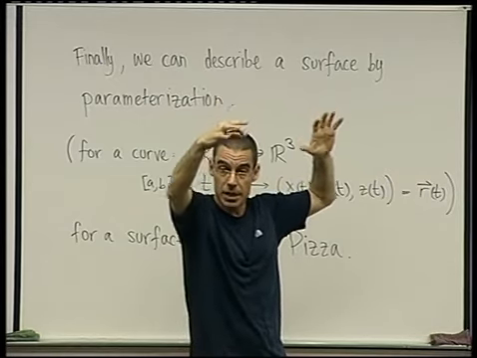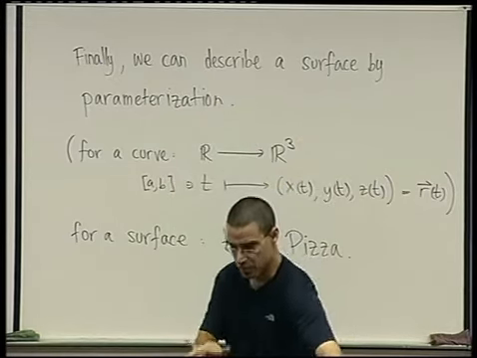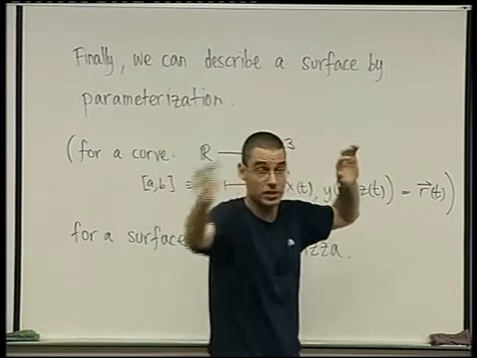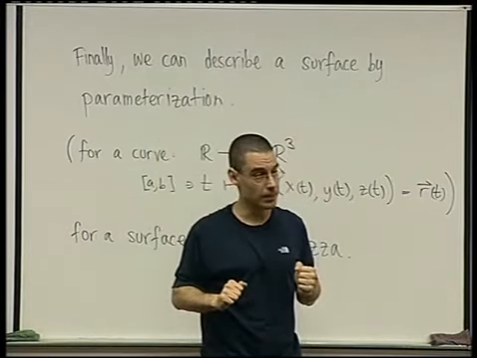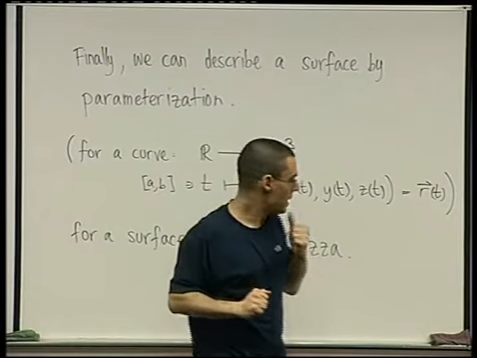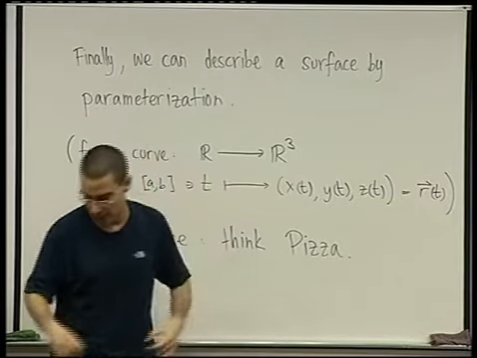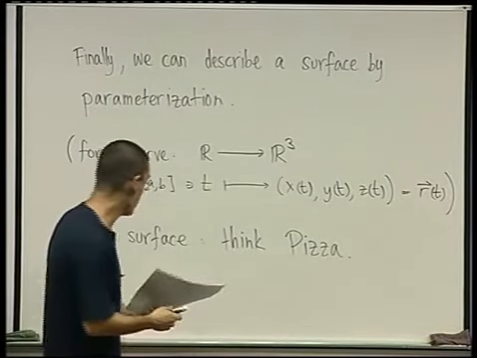Do you see that? Every point down here was thrown up to some point x of uv, y of uv, z of uv. Is that clear? Okay? So this procedure, think pizza, is how we parameterize a surface.